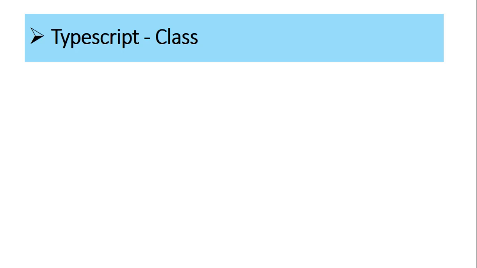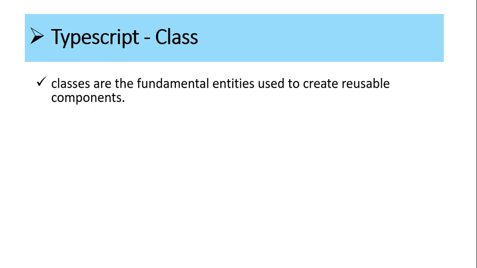Hello guys, let's see the TypeScript class. Classes are the fundamental entities used to create reusable components. In object-oriented programming, class and object are the important entities, and once you define a class you can reuse it.